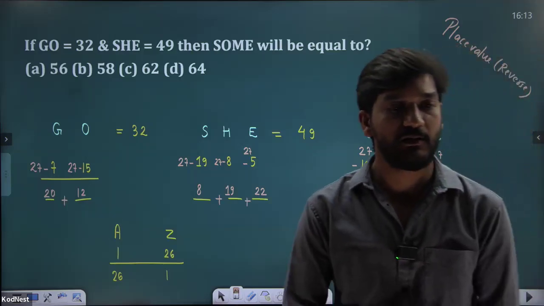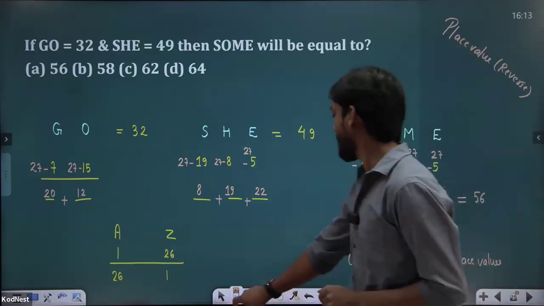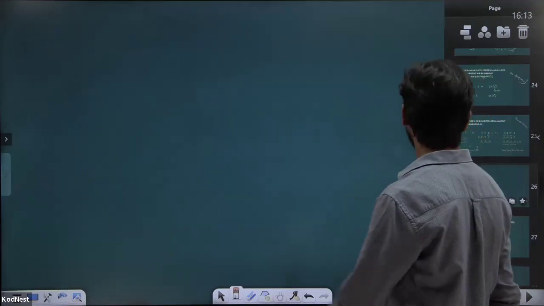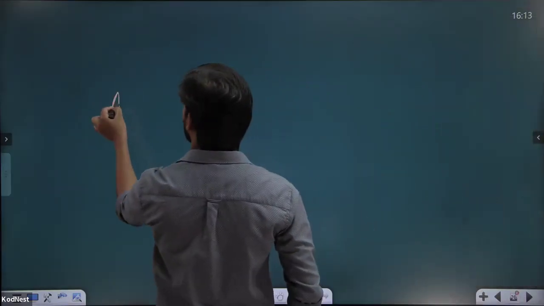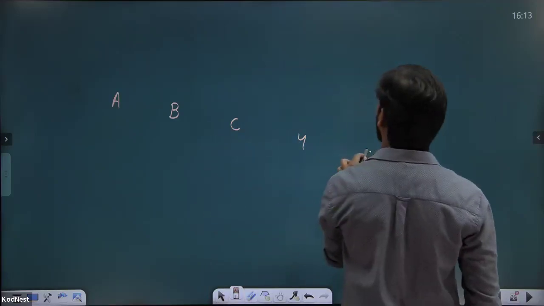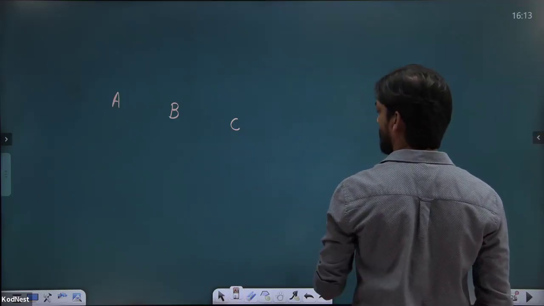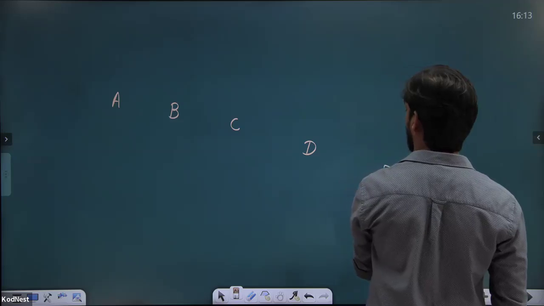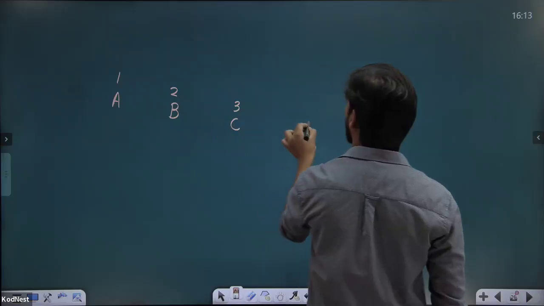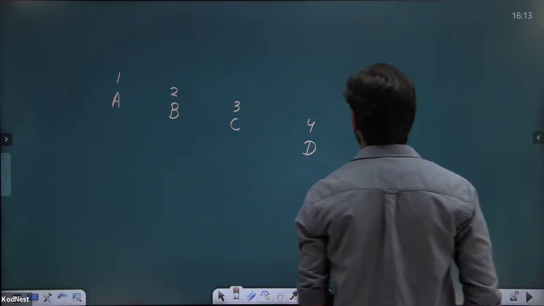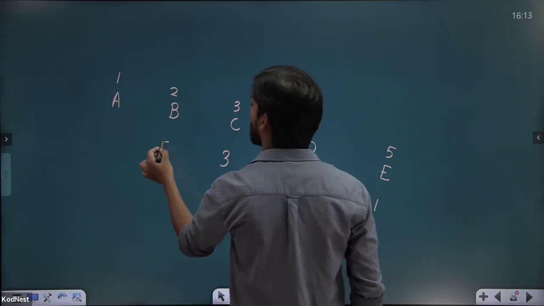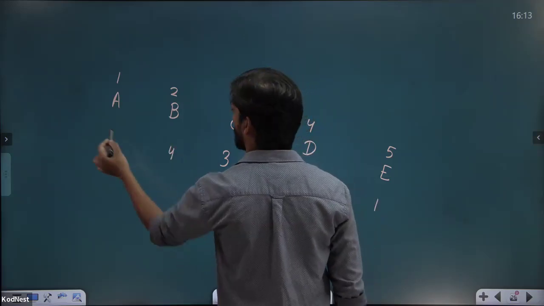27, my dear, think of it this way. For example, there are just 5 letters: 1, 2, 3, 4, 5. In the reverse way, you will say 1, 2, 3, 4, and 5.